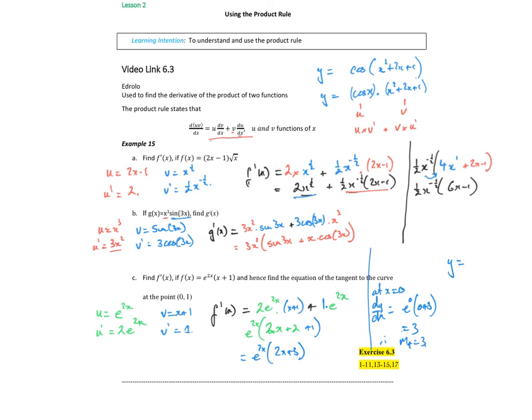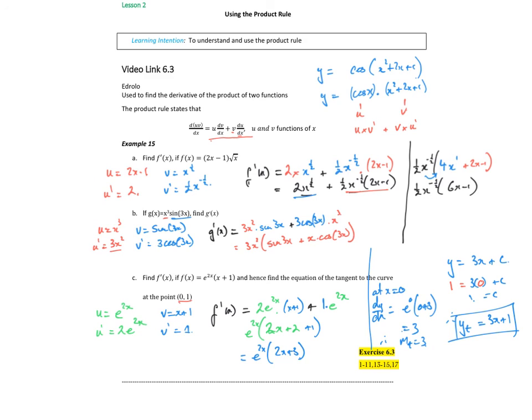So y equals 3x plus c. Substitute the point 0, 1 in, because that was the point we were given. So 1 is equal to 3 times 0 plus c. So c is equal to 1. Therefore, the equation of the tangent line is y equals 3x plus 1.